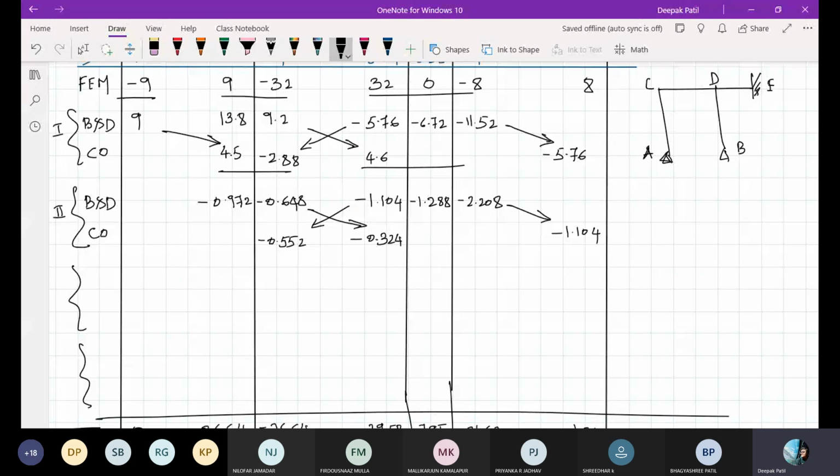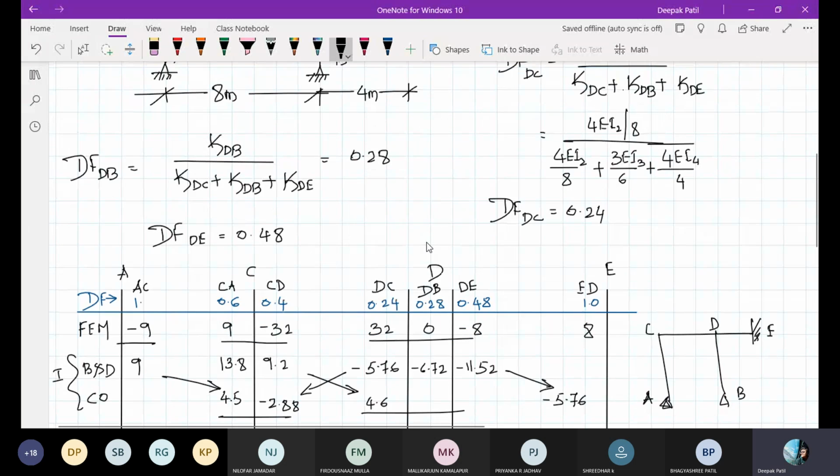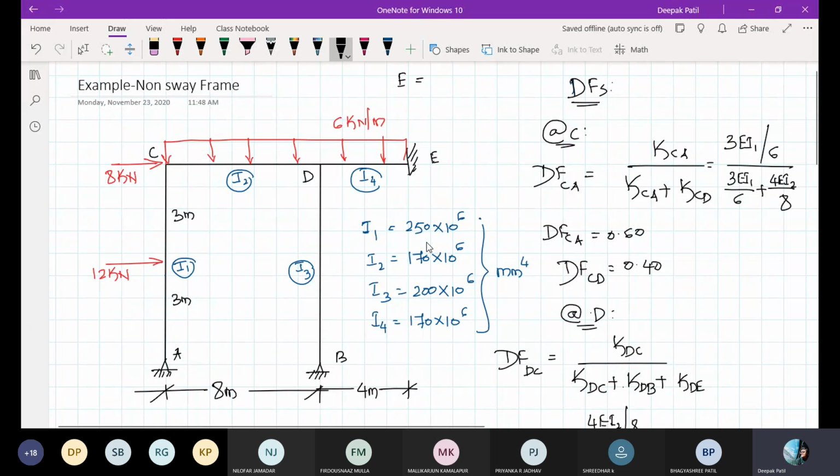As I told, I have made one video on Kani's method. I will upload it soon on my YouTube channel and share the link. After this example of the moment distribution method, I actually have to start with frame problems of sway.